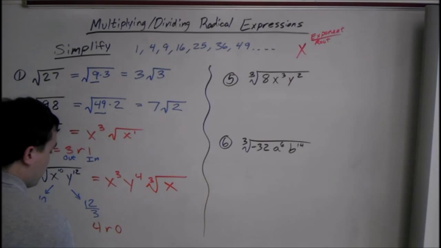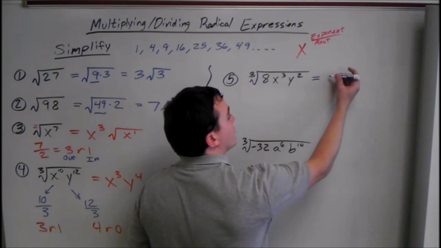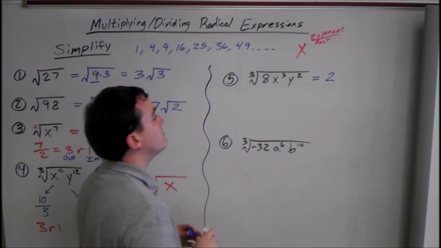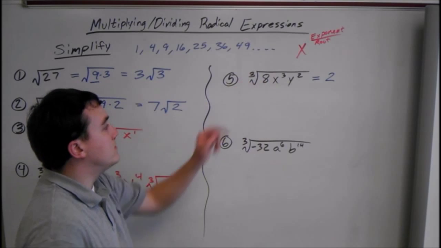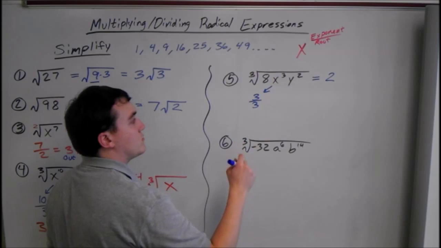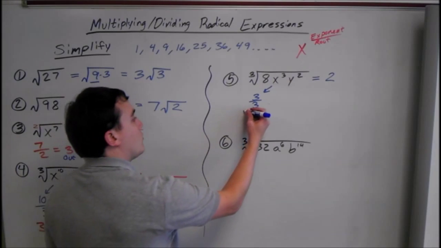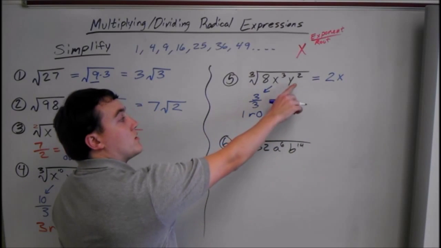Couple more examples. We have the cube root of 8. We automatically know the cube root of 8 is 2. Do the same thing here. 3 divided by 3 for our x. 3 divided by 3, that's easy. We take 1 x out, we leave none in. 1 remainder 0. Take 1 x out, leave none in.